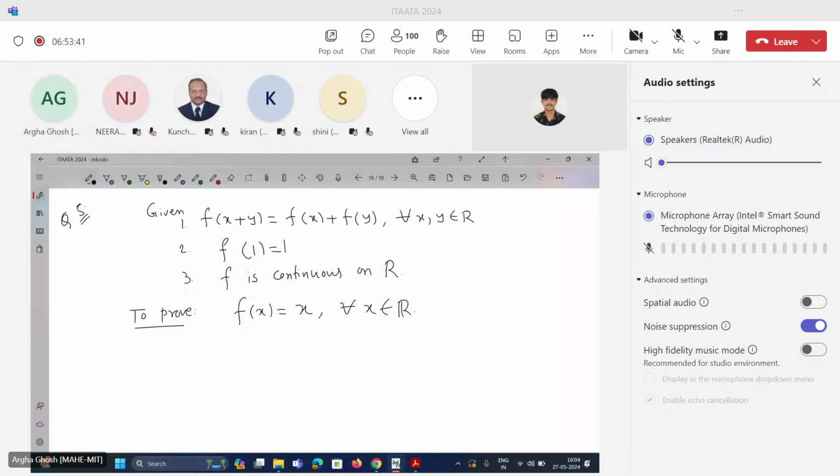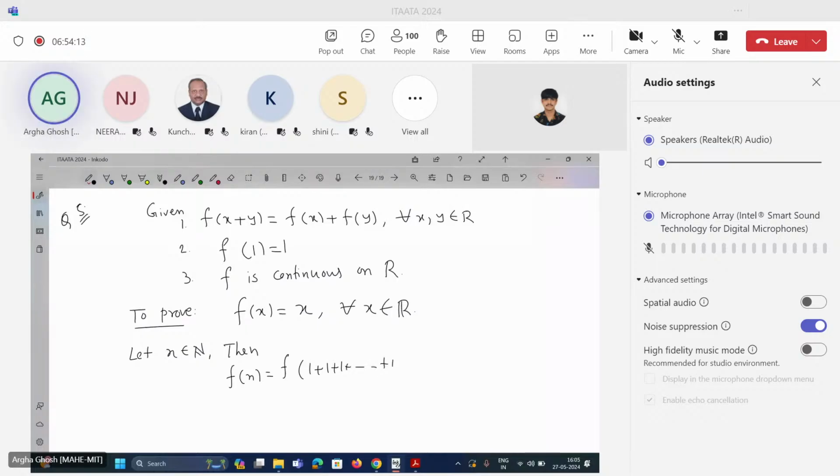Okay, so let n belong to the natural numbers. Then f of n can be written as f of 1 plus 1 plus 1, n times.